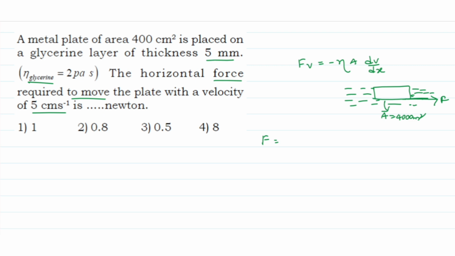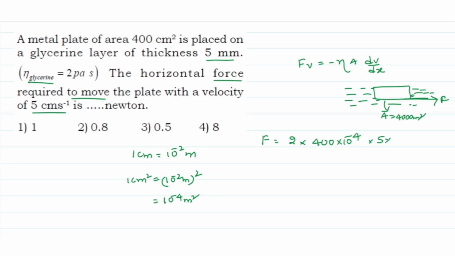So here the coefficient of viscosity is given as 2 Pascal second and the area of the plate is given as 400 centimeter square. 1 centimeter equals 10 power minus 2 meter. 1 centimeter square is 10 power minus 2 meter whole square, which is nothing but 10 power minus 4 meter square. So the area is 400 into 10 power minus 4.